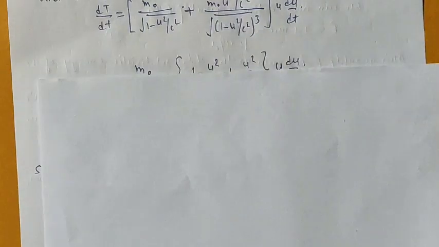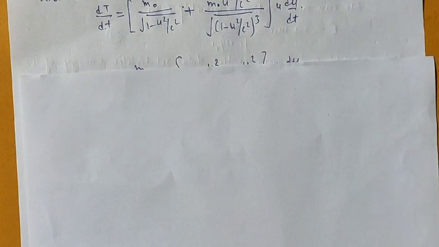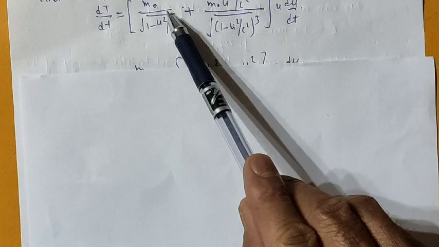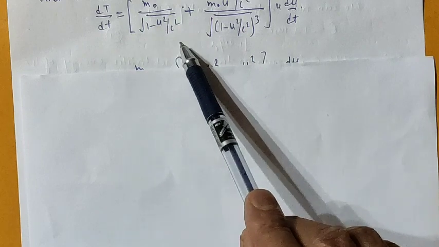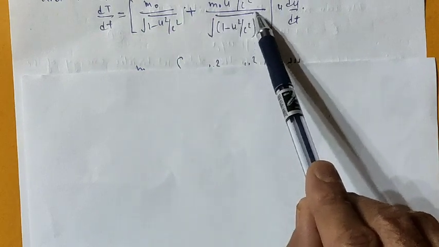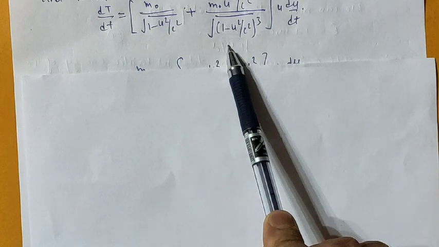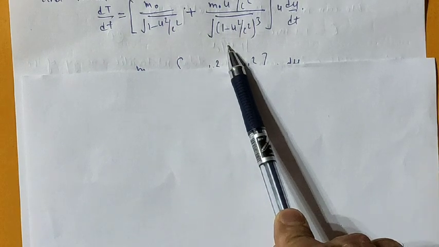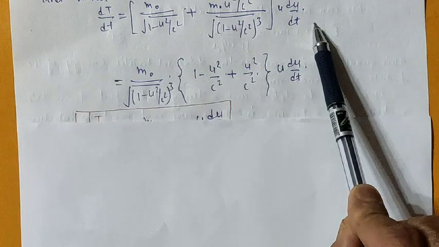Once you have this relation, one can write dT by dt equal to m naught divided by the square root of 1 minus u squared over c squared plus m naught u squared over c squared divided by the square root of 1 minus u squared over c squared cubed, times u du by dt.